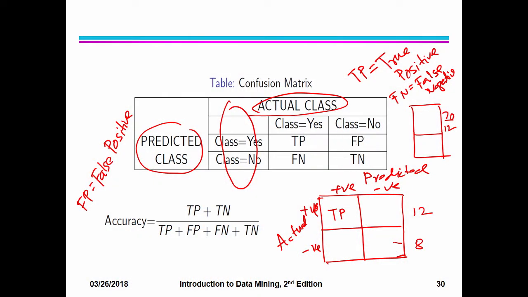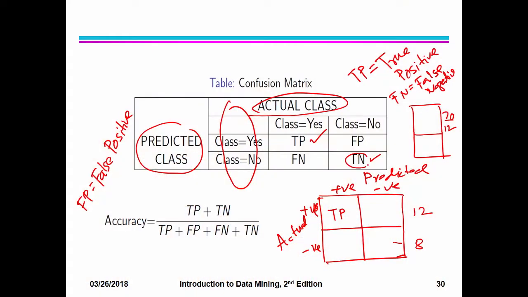So, among the 4 entries, a true positive is where both agree: the classifier says positive and it is actually positive, and TN is where the classifier says negative and it really is negative. The mistakes are the false positive and the false negative.